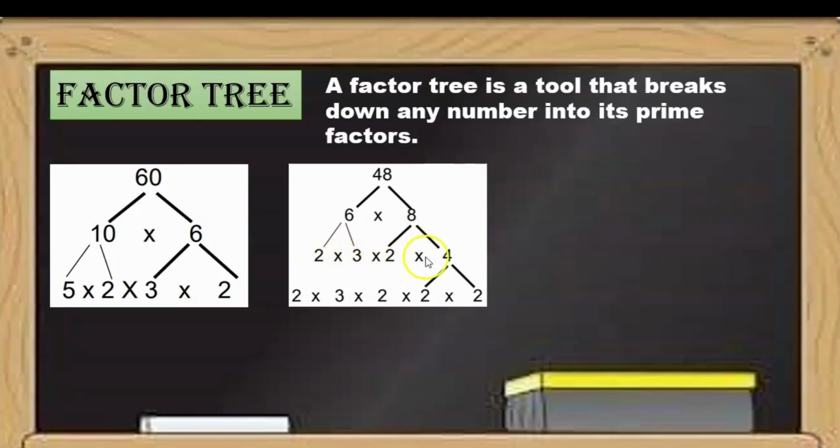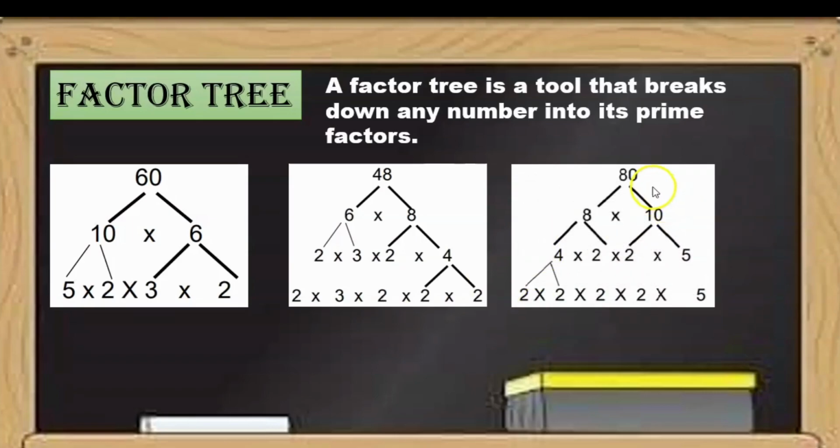Kung titignan natin, meron pang pwedeng i-break down dito. We have here 4. Factors of 4, 2 times 2. And then bring down yung mga numbers na wala ng factors.